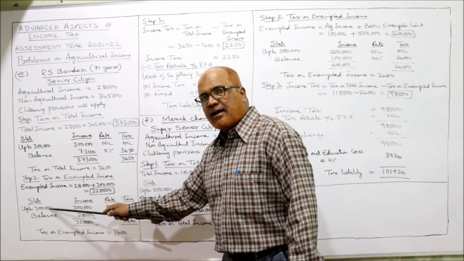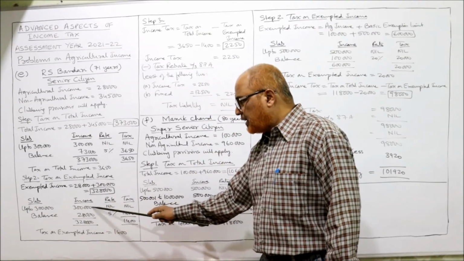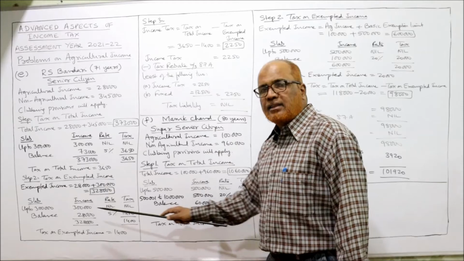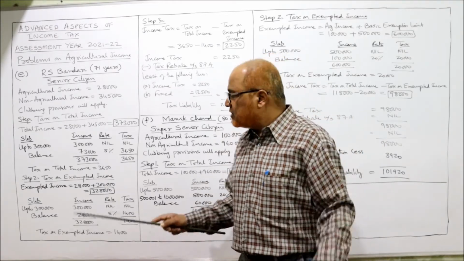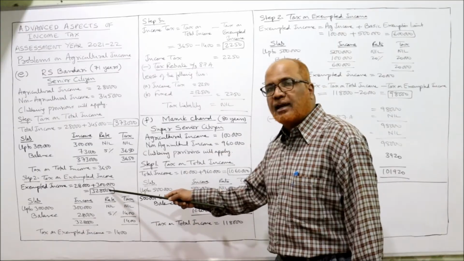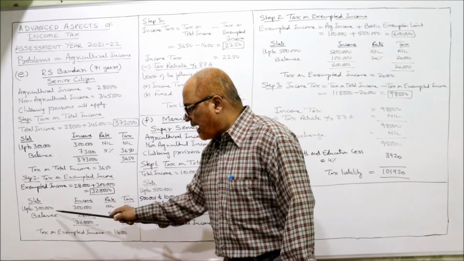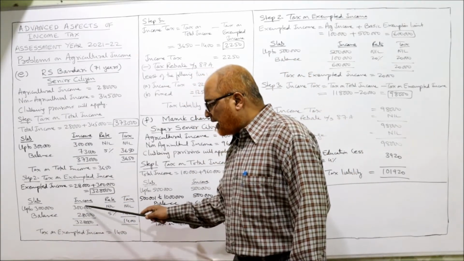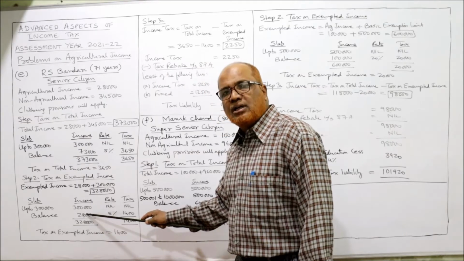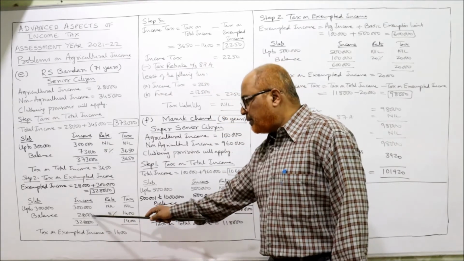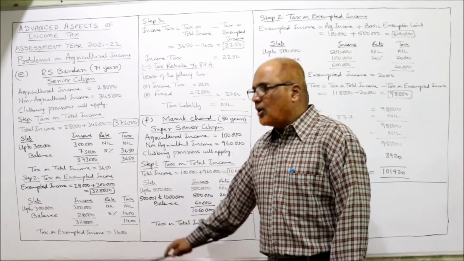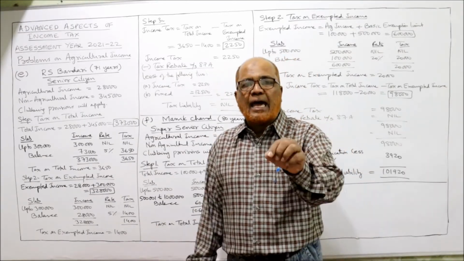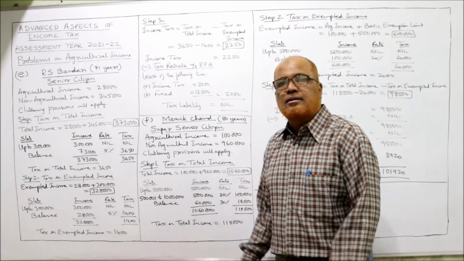First slab 3 lakh, rate nil, tax nil. The second slab goes from 3 lakh 1 to 5 lakh. But our income is not going up to 5 lakh, it is 3,28,000. That's why I am taking the balance. So 3,28,000 minus 3 lakh is 28,000. On this 5%, so 5% of 28,000, 1,400 is the tax. So we got tax on exempted income 1,400.